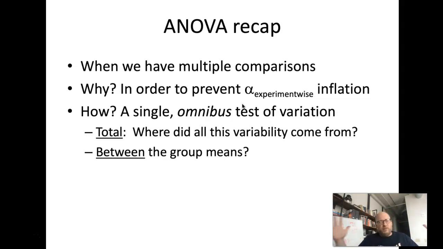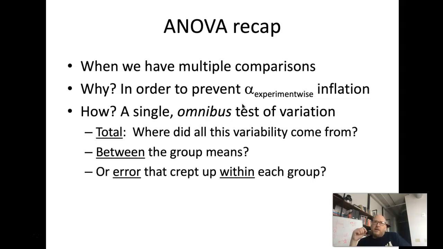Do these scores spread out because the averages are different? So like the average of one group is way over here while the average of another group is over here. That would certainly cause a lot of variance. Or alternatively, is all this variance really due to the fact that people are different from each other? So there's variance here around all the people who were in the Mozart group and all the people who were in the silence group.